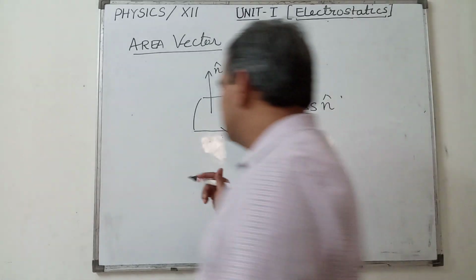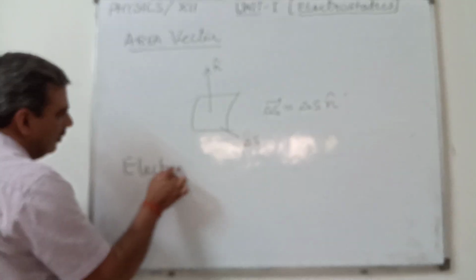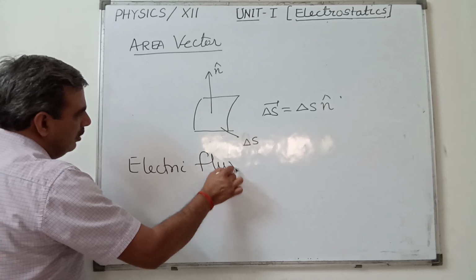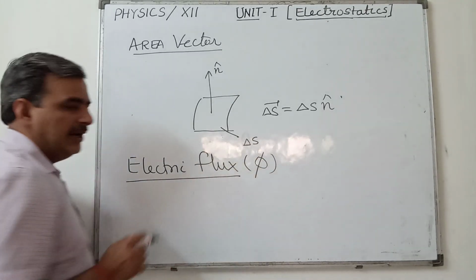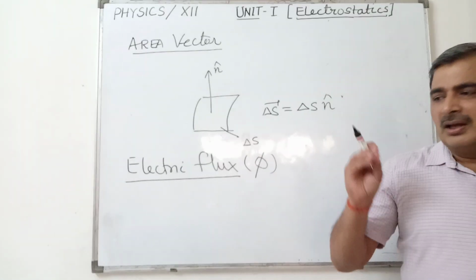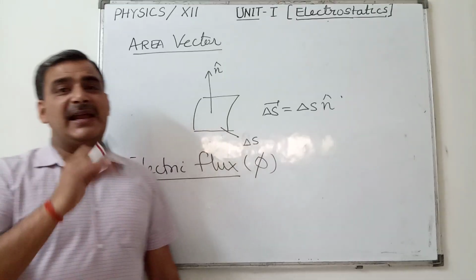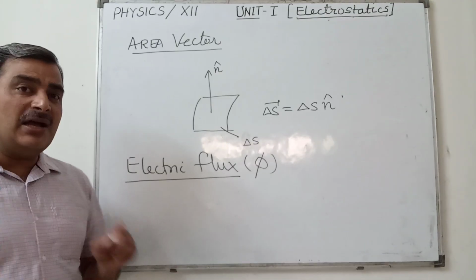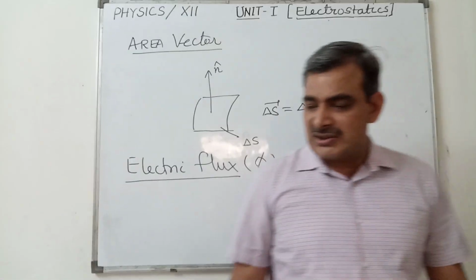The next topic is the electric flux, represented by phi. What does electric flux give us? Electric flux gives the measure of field lines passing through a particular area of cross section.